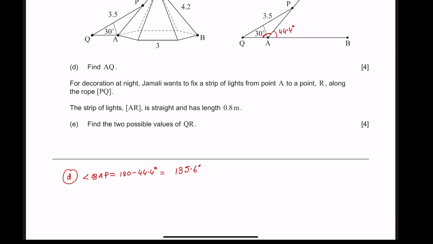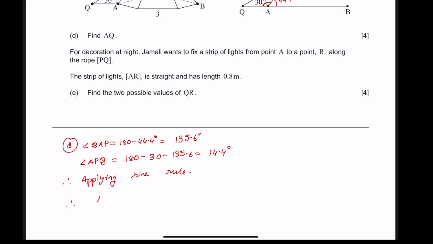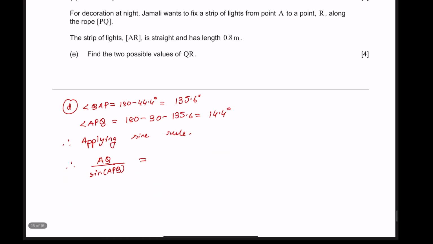Now we can use the sine formula, as we need AQ. So angle APQ is equal to 180 minus 30 minus 135.6, which gives you 14.4 degrees. Now applying the sine rule, AQ divided by sine APQ equals PQ divided by sine QAP.